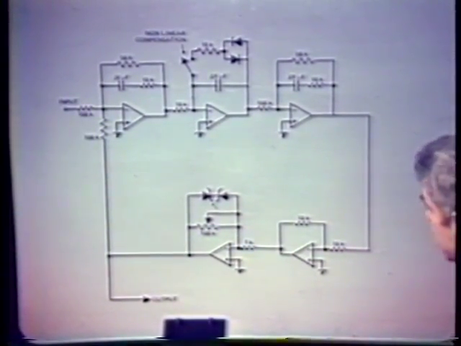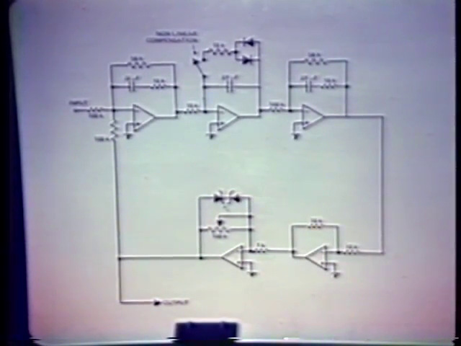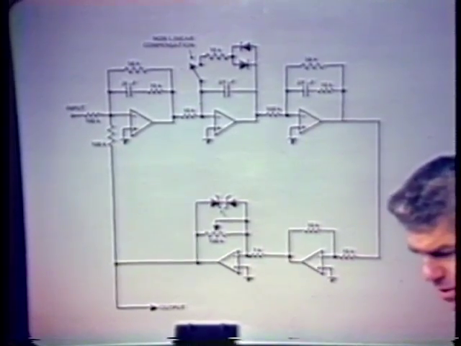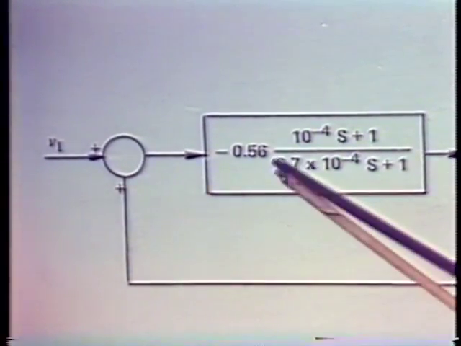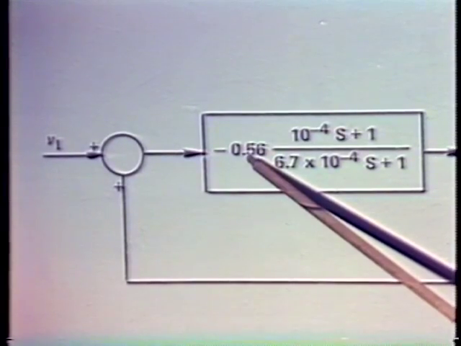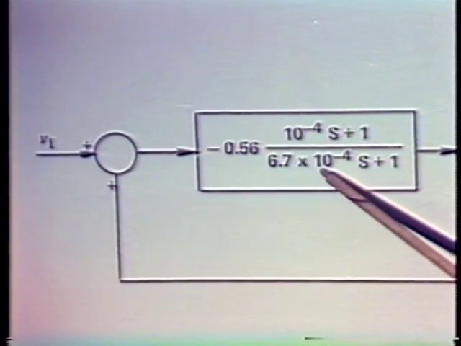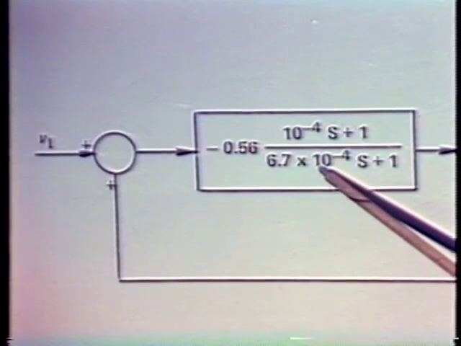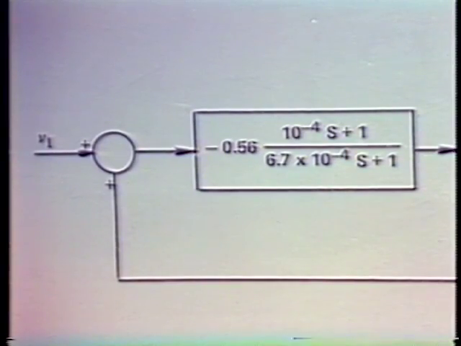The second element is one of our lag type transfer functions. We see that in the block diagram, the lag type transfer function, the DC low frequency gain of that operational amplifier connection being 0.56, and then the pole-zero doublet with a pole located at the reciprocal of this value, 1.5 times 10 to the 3rd radians per second, and the zero at the higher frequency.